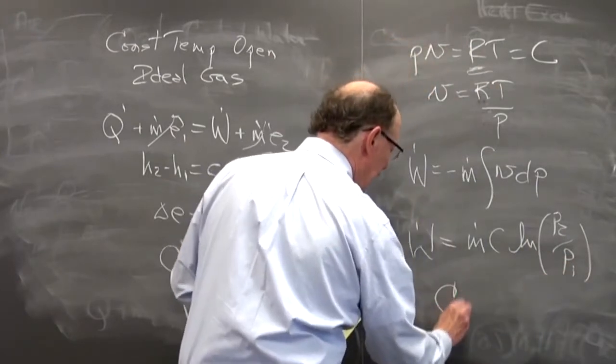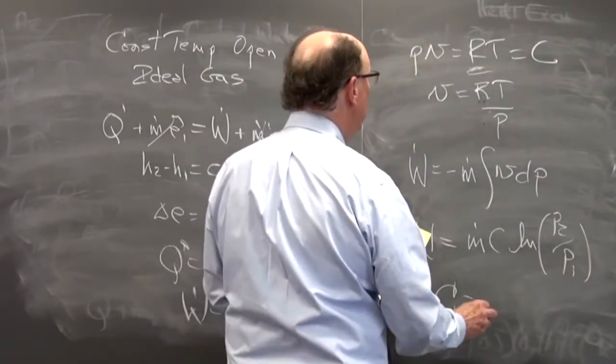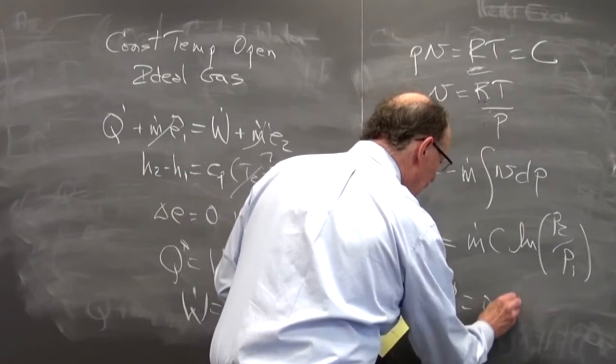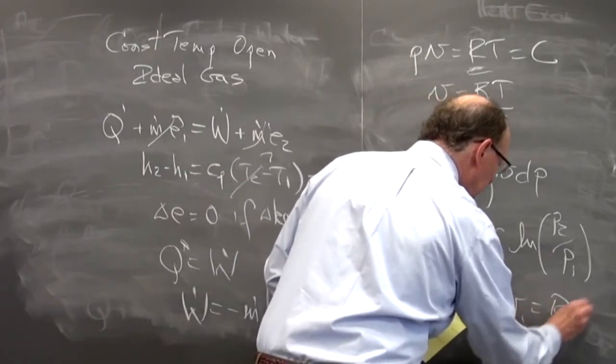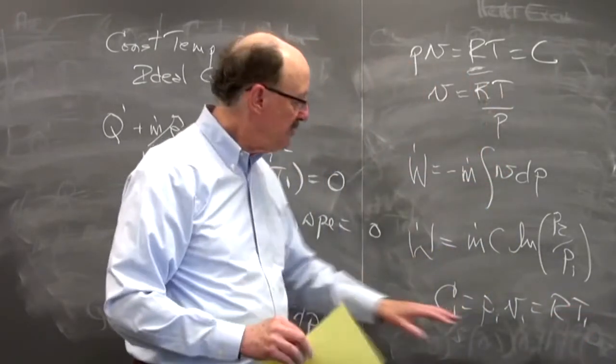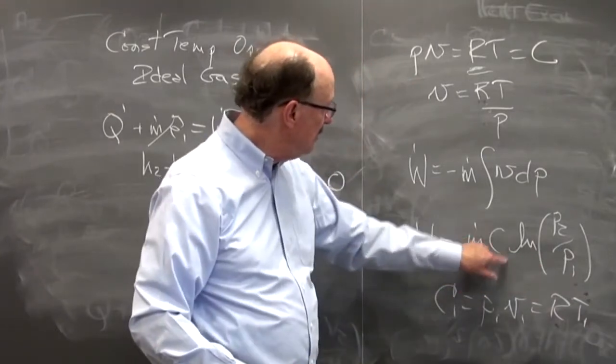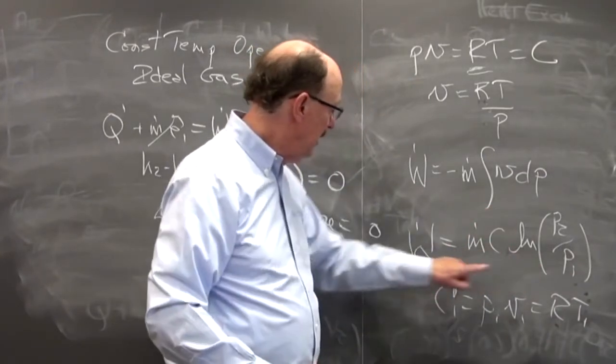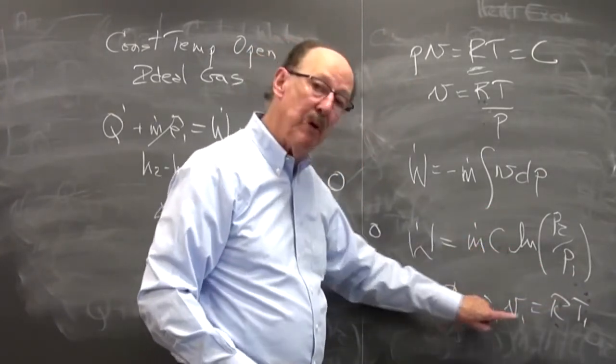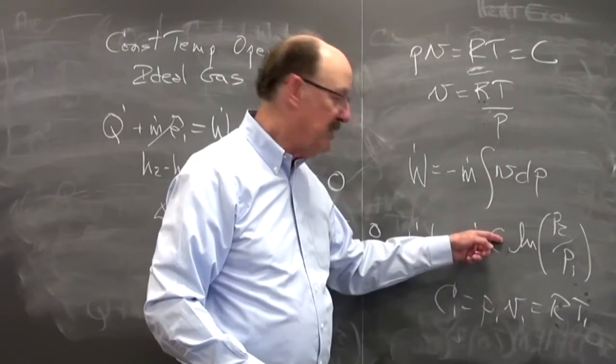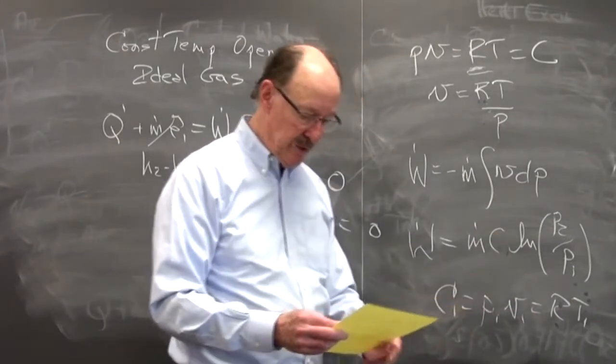And C is equal to P1 V1, which is equal to RT1. If I know the temperature T1, I would use this value in here. If I knew pressure and volume, I would use that value in here. So it all depends on which one we want to use.